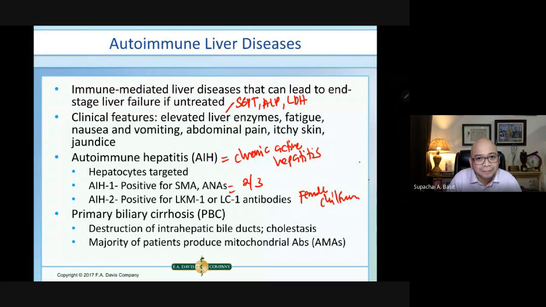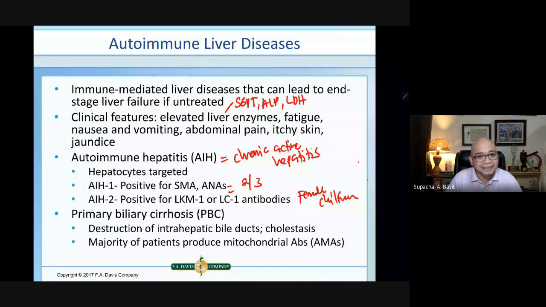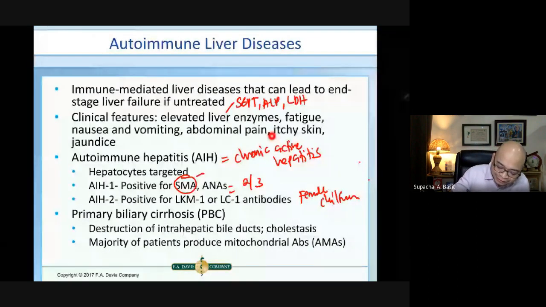By the way, SMA is the smooth muscle antibodies. So smooth muscle antibodies, I think we have already discussed this in anti-nuclear antibodies a while ago. Smooth muscle antibodies are directed against the myofilament known as actin.